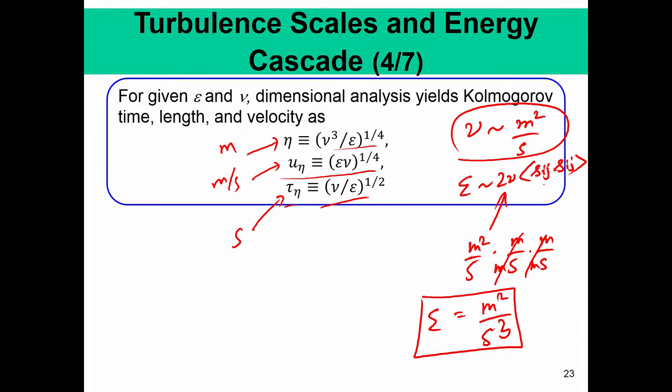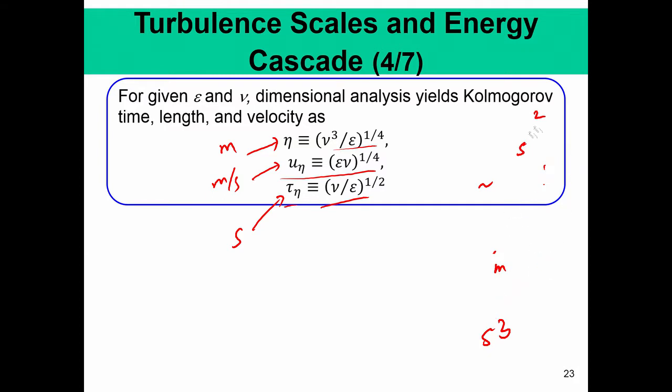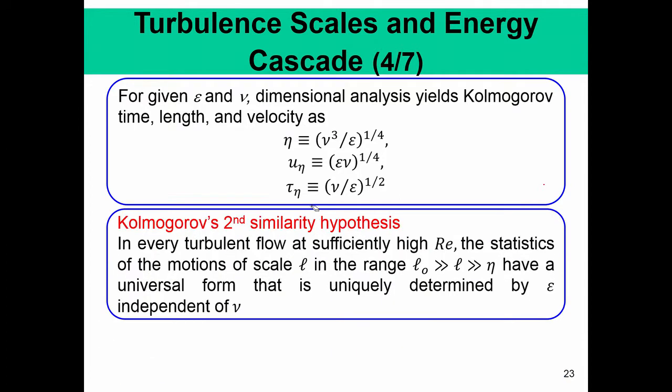This is how the different scales of turbulence, eta, u eta and tau eta, are formed. These are very important and essentially universal in nature. That is Kolmogorov's claim and it actually turns out to be true. Using this we have a good definition of what the smallest scales of motion are, but this is statistical in nature, which should not be confused with instantaneous observations.